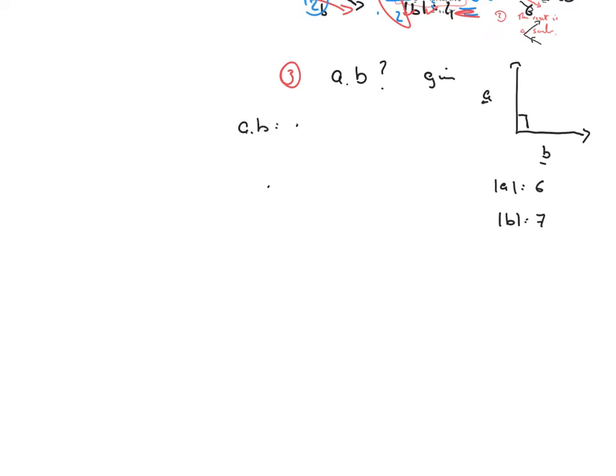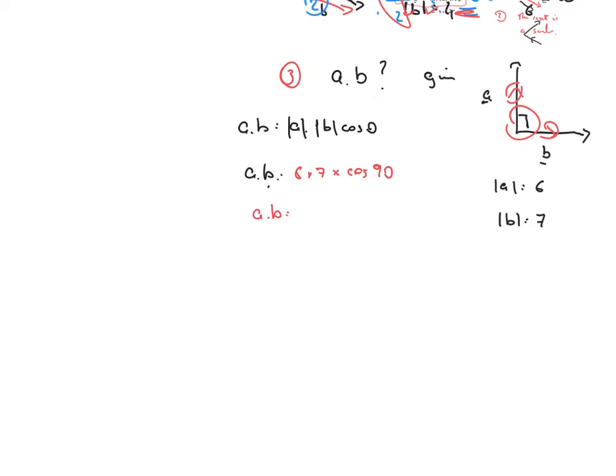So A dot B equals magnitude A times magnitude B times cos theta. Quick check. The vectors are pointing away from the vertex. So that's 6 times 7 times cos theta. The angle is 90 degrees.